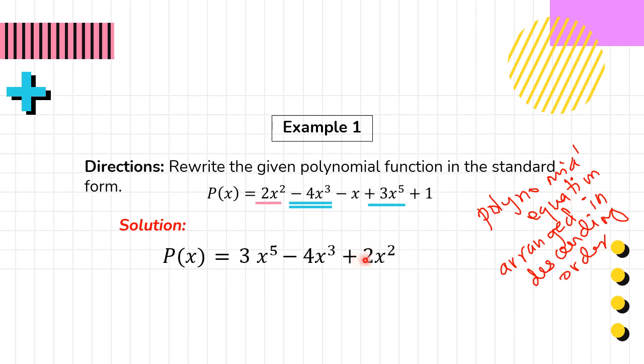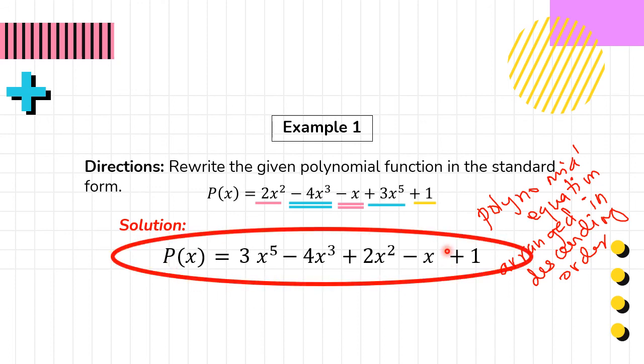So, dapat siya yung kasunod dito. So, positive, so plus 2x squared. Followed by negative x. Then, followed by 1. Okay? So, kapag ganyan na, we have our polynomial equation written in the standard form. Again, kapag sinabi natin written in standard form, from highest exponent, pababa, hanggang sa constant term.